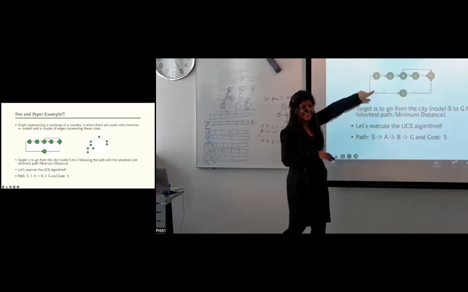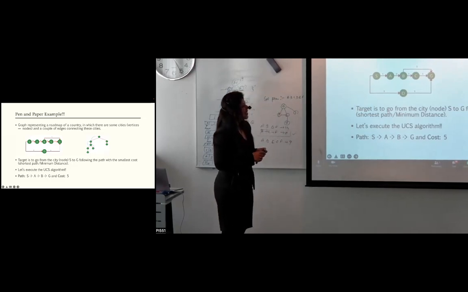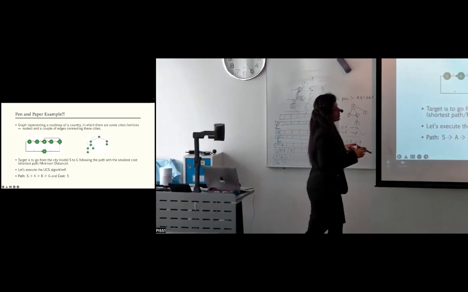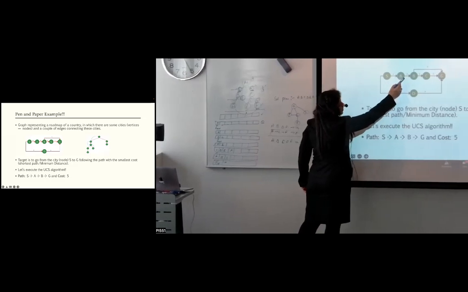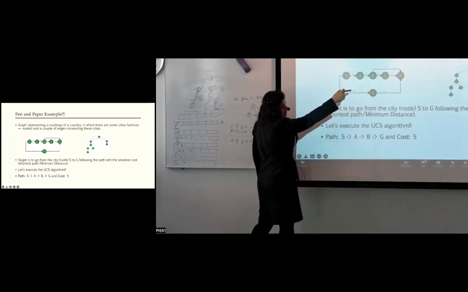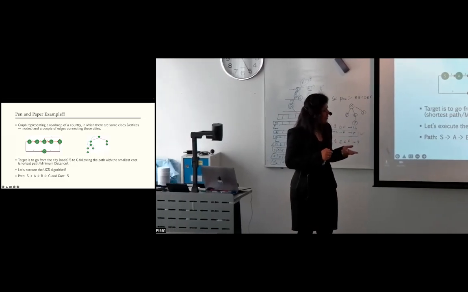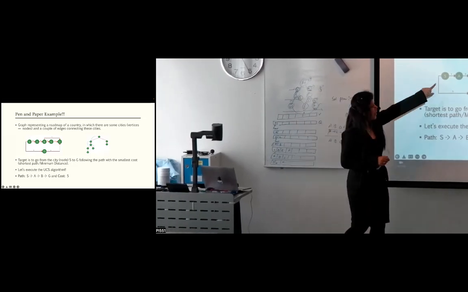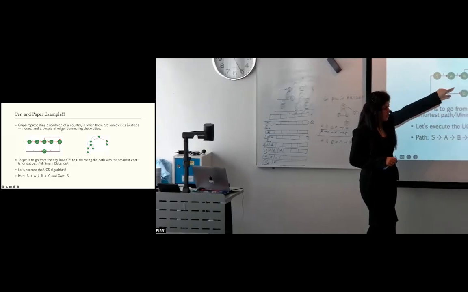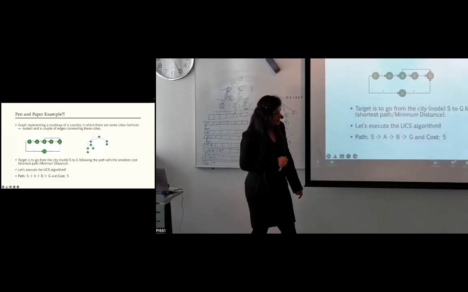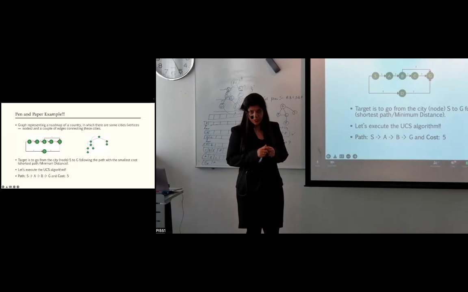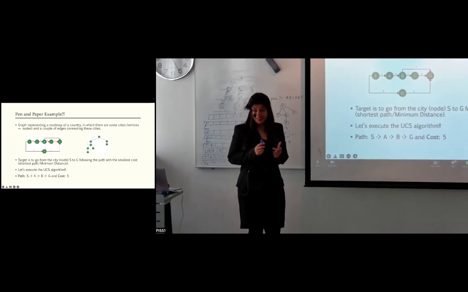Imagine a couple of edges connecting these cities. These are the edges connecting these cities. The target is to go from city node S to G by following the path with the smallest cost, shortest path, minimum distance.